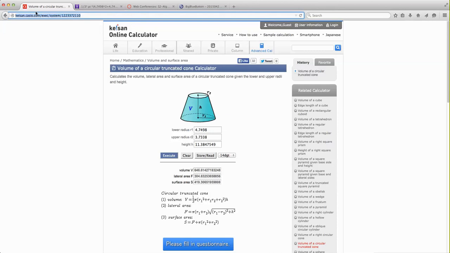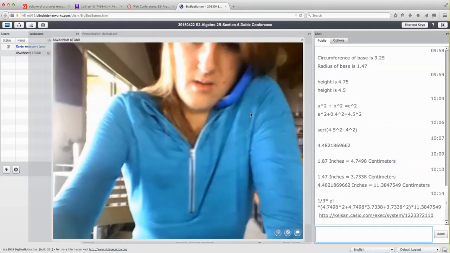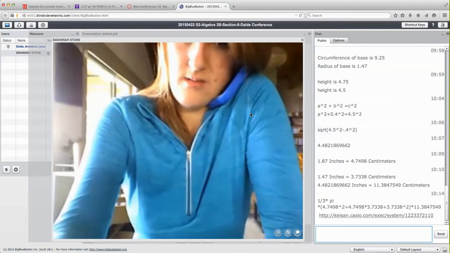Yeah, it does. That's how I figured out the answer the first time. But I wanted to confirm that I was typing into the calculator correctly, so I did it independently, and you can copy and paste what I typed in, and you'll get the same answer. It's 646.